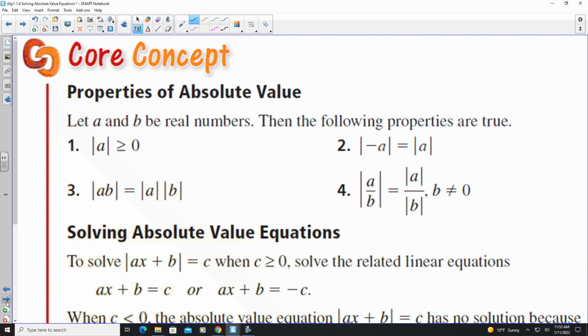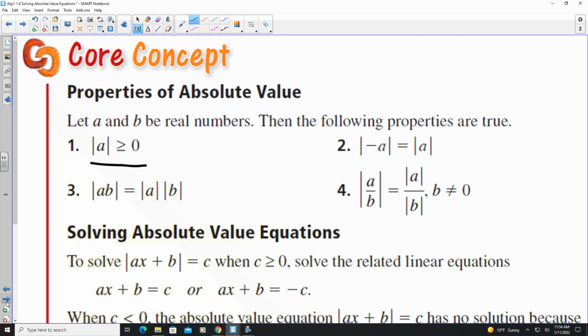So with that, there are some properties. Because it's a positive number, we know that the absolute value of A will be greater than or equal to zero. When you take it out of the absolute value expression, it gets deemed to be positive.